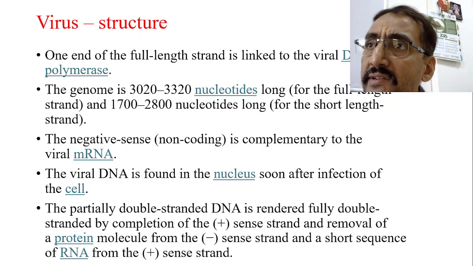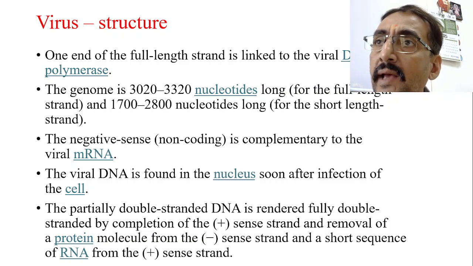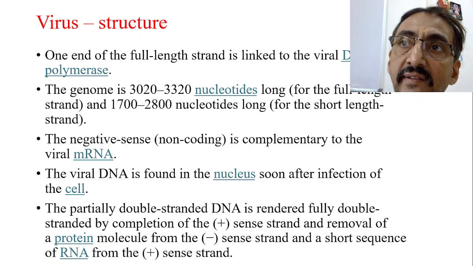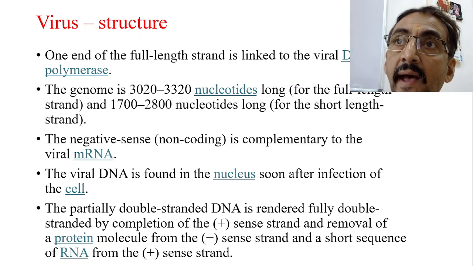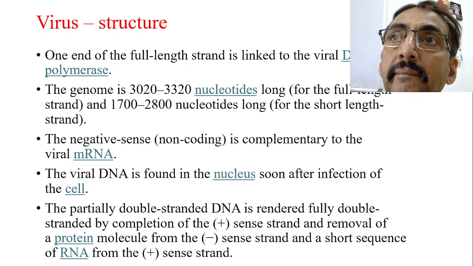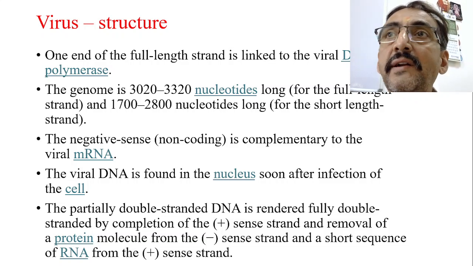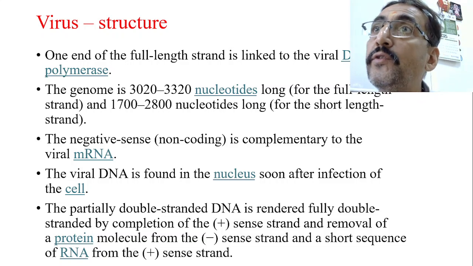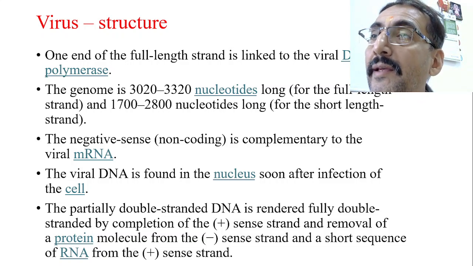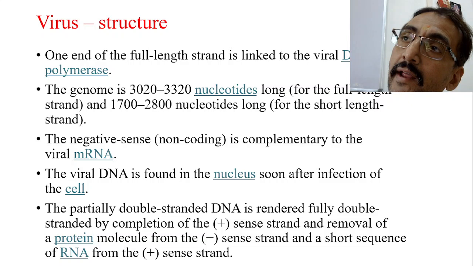Ultimately, that DNA, with the help of the DNA polymerase, after entering the hepatocyte, gets converted to double stranded DNA. The total story is that. When double stranded DNA is formed, it is able to produce mRNA.